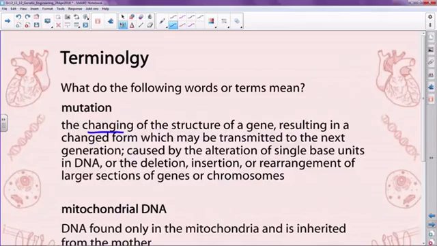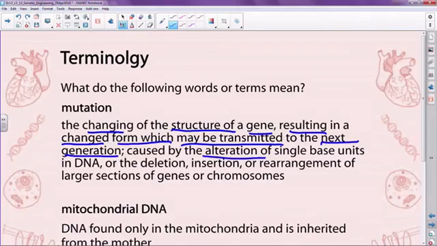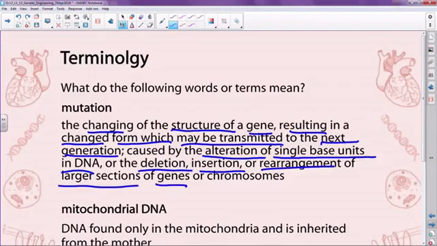It's a change of the structure of a gene which may be transmitted to the next generation, caused by alteration of a single base unit of DNA, or the deletion, so in other words taking out, or the insertion or rearrangement of a large section of the gene or chromosome.